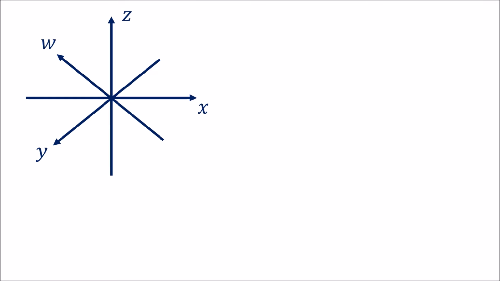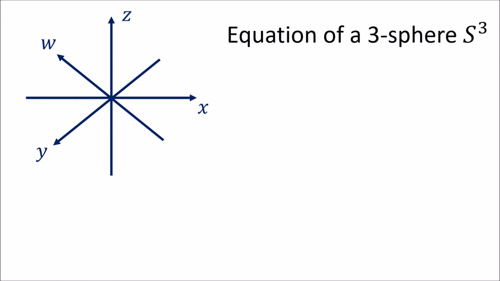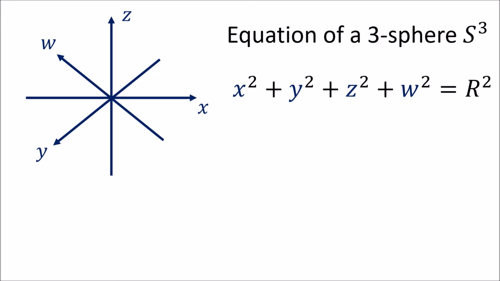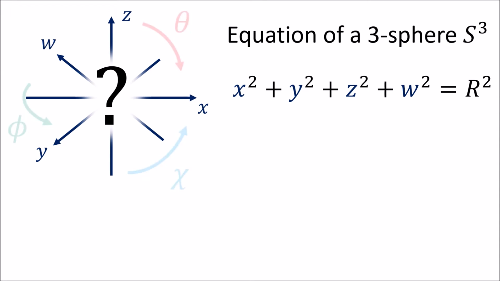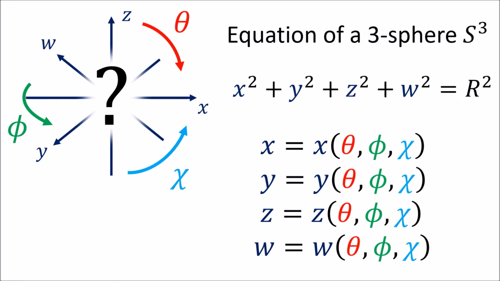Now, the equation of a three-sphere in 4D space is x squared plus y squared plus z squared plus w squared equals the radius squared. We can't really visualize this easily with a drawing, but we can parameterize the three-sphere in terms of three angle coordinates, theta, phi, and chi.